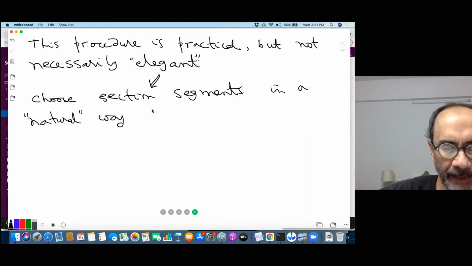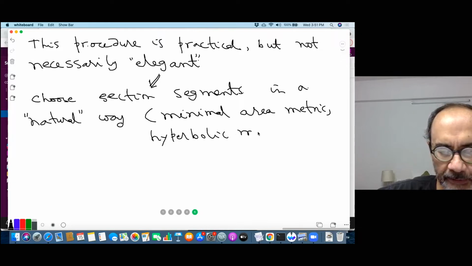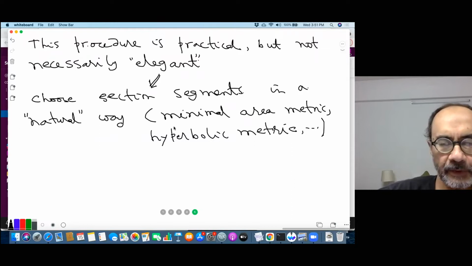Some of the names I'll just quote, for example, minimal area metric, or hyperbolic metric. I'll not describe any of these, they are just names. These basically all correspond to choosing the section segments and the local coordinates in some nice way. But for our purpose, this is good enough, because all we need is that we should be able to organize the amplitude as sum of Feynman diagrams.